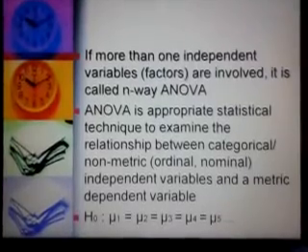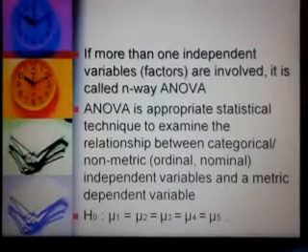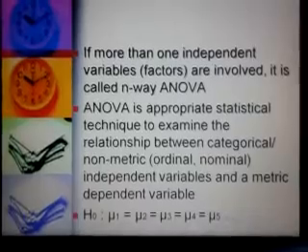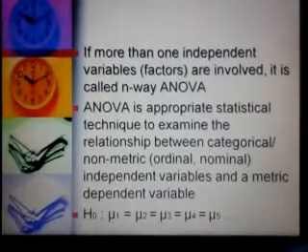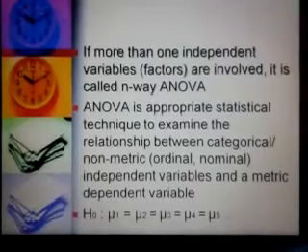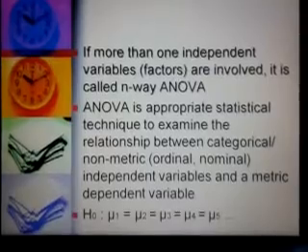So the null hypothesis is that the mean of all these populations is equal, and the alternative hypothesis would be that the mean of all these populations is not equal, or the mean of at least one population is not equal to any other.